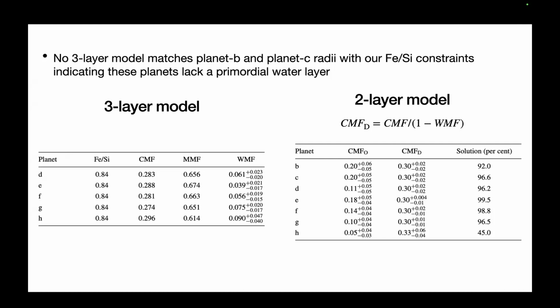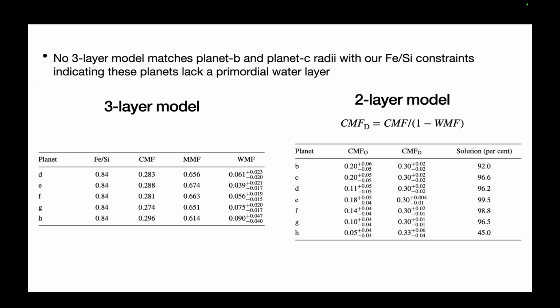And what you'll notice about this table is that we do not have water mass fractions for planets B and C. This is because using our iron and silicon ratios, we could not find solutions to a 3-layer model that matched the observed planet radii. So instead, we took a different approach and assumed that instead of having a 3-layer model, the planets were desiccated. And so they only have a core and a mantle and no water.